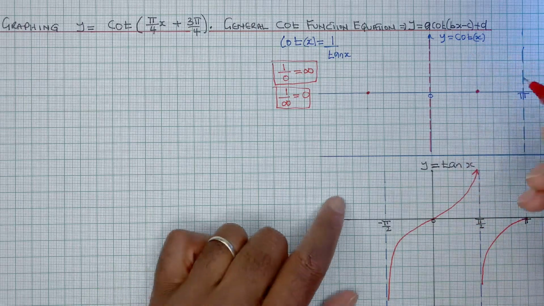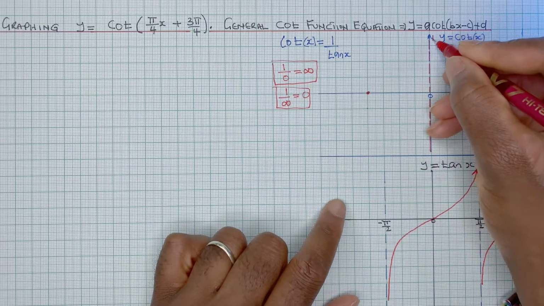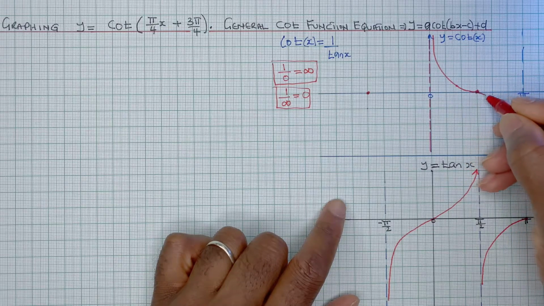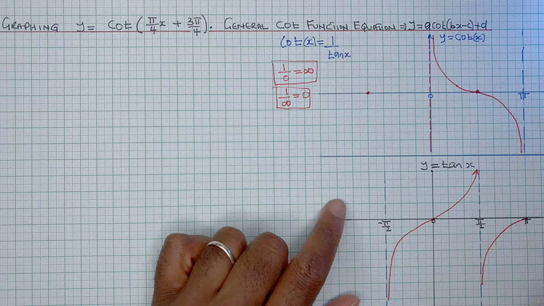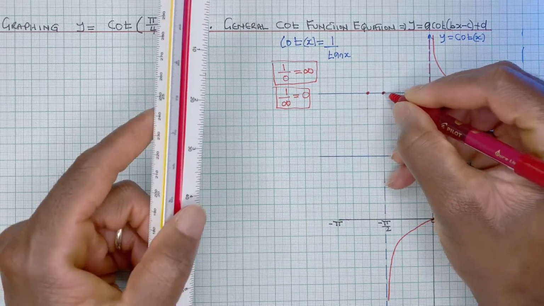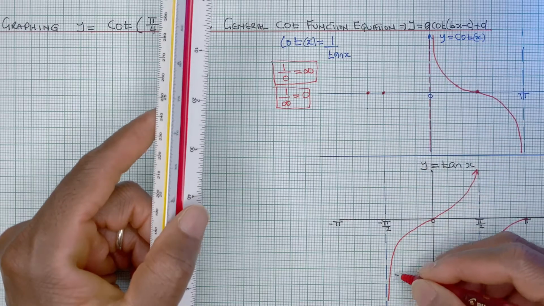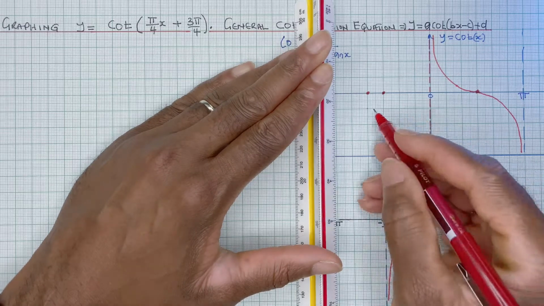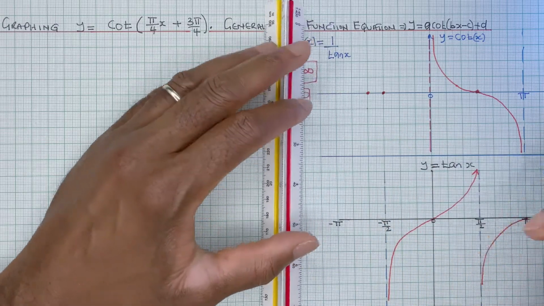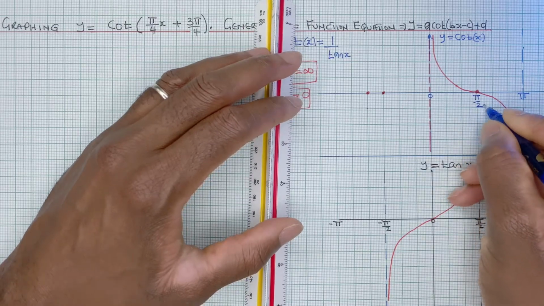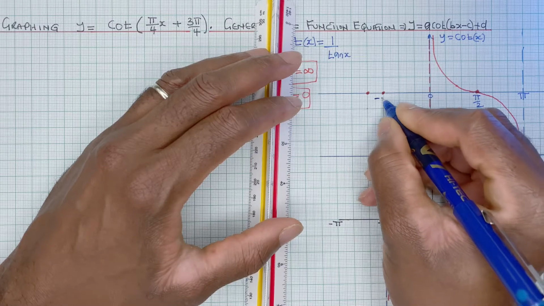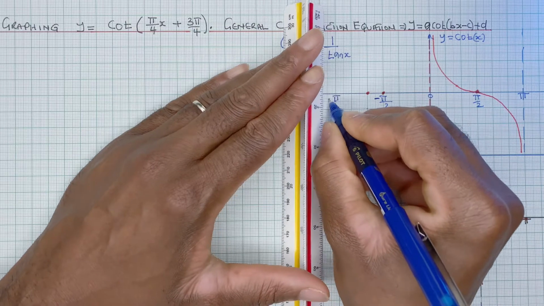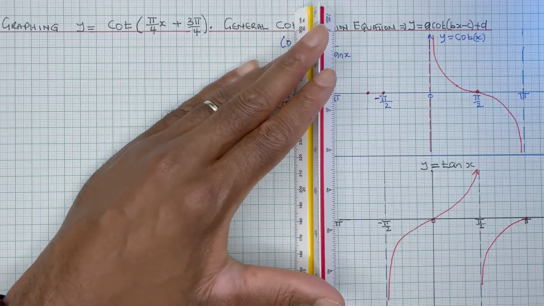So when we draw in cotangent, it comes from here. This is pi over 2, so that's 1 over infinity. So now the next line of asymptote is pi. So this is pi over 2, minus pi over 2, and this is pi, minus pi. So the next line of asymptote is here.